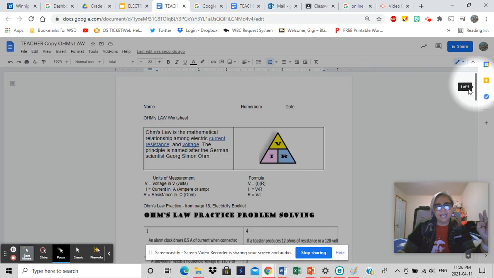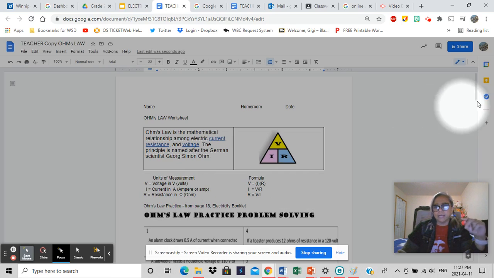Yes, you're correct. It's the unit of current, because A, or ampere, is what we have here as the unit of measurement for current.